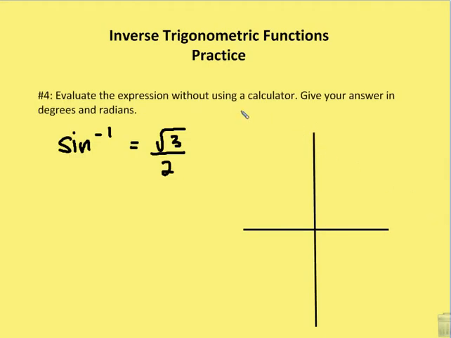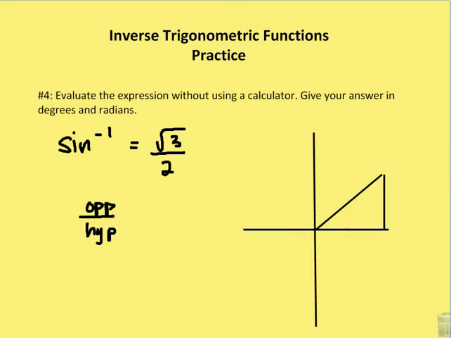In the second question, I'm asked to find the inverse sine where the relationship is root 3 over 2. Now remember, sine is going to be the opposite value over the hypotenuse. Okay, so I'm just going to draw out a picture here. I'm going to draw this in the first quadrant because this is going to represent my reference angle. I draw out my triangle here.